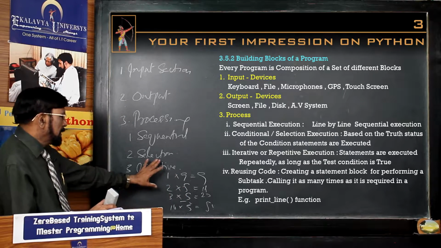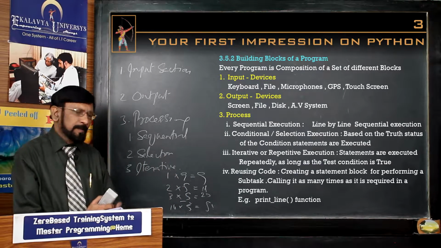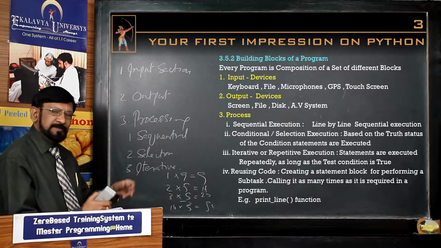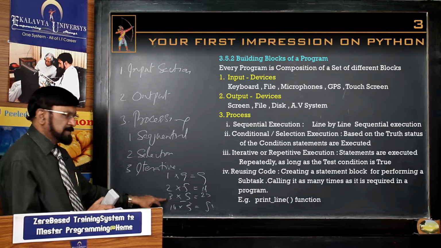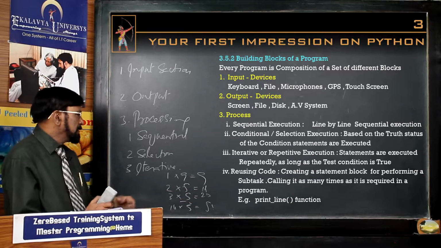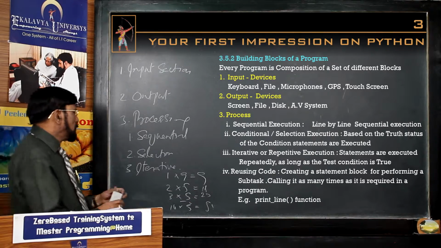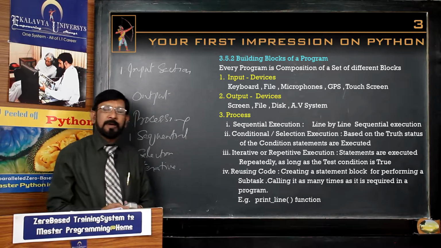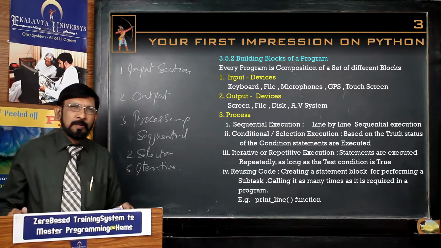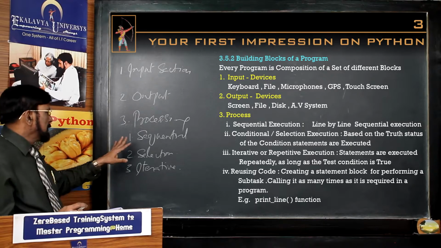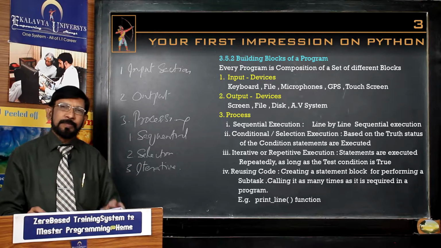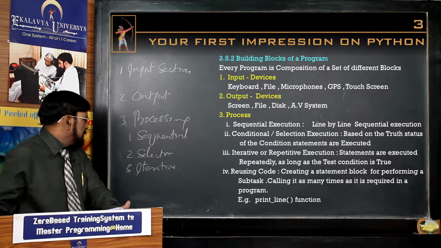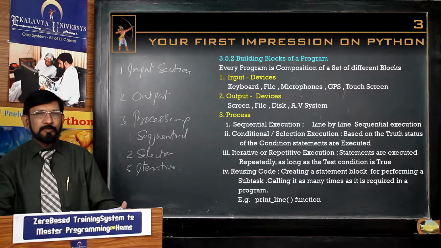Up to 10 terms you want multiplication table. Then you are repeating the same action with a change. Then ultimately your task is performed. So by this, what you can understand, either in real life or in programming, we implement things mainly in three approaches: sequential approach, selection approach, and iterative approach.